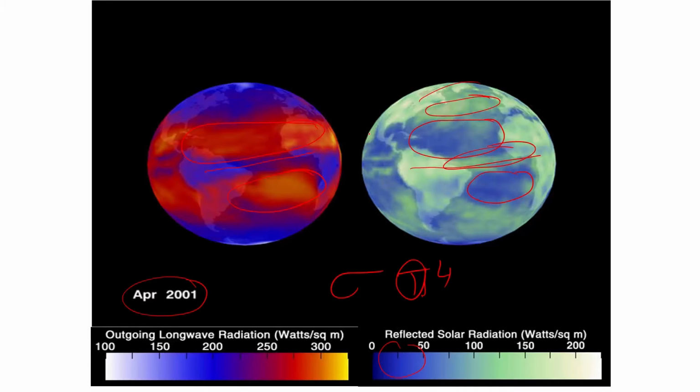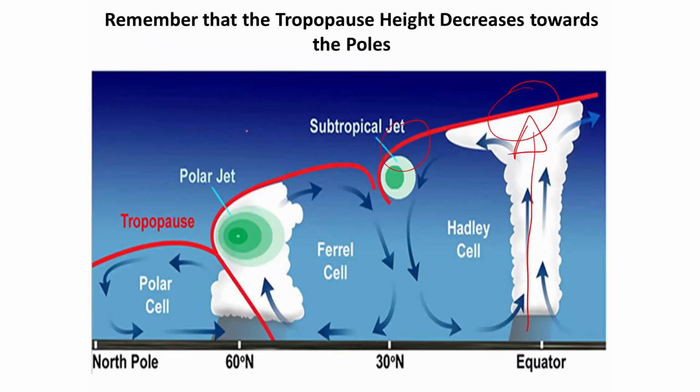So, you can see that outgoing longwave here is lower than here, which means at the top the sigma T to the 4 here is lower than here, because the clouds are rising so high that the cloud top temperature is colder.